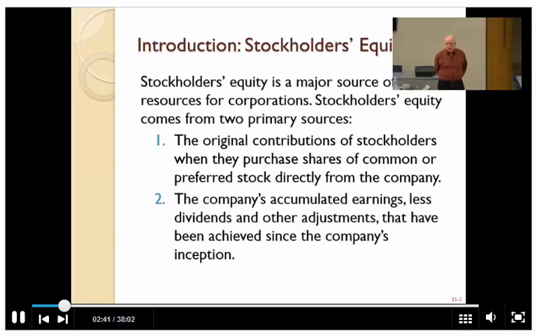Now, the reason that corporations have to break the ownership into these two sections, if you will, is that they cannot pay a dividend unless they have positive retained earnings.